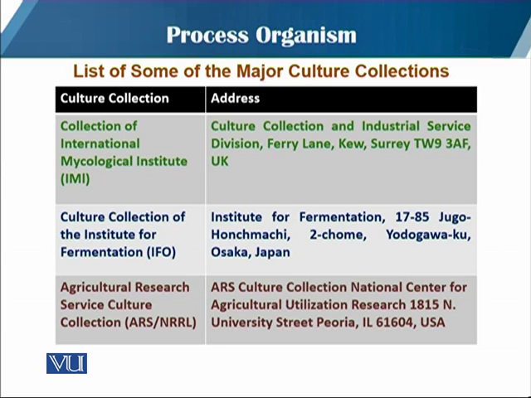Another choice is the Agriculture Research Service Culture Collection, ARS and NRRL. The ARS Culture Collection, National Center for Agricultural Utilization Research, is at University Street, Peoria, Illinois, in the USA.